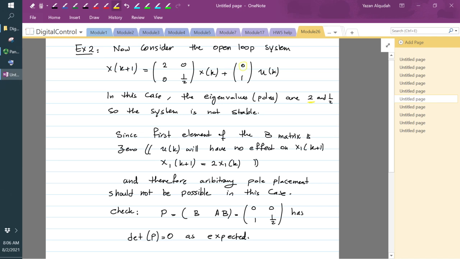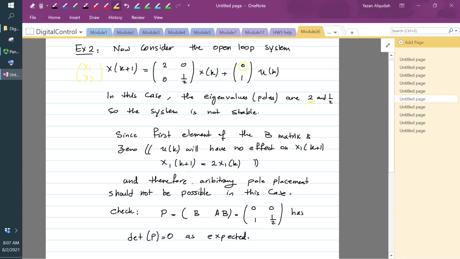And therefore, when I calculate the states, if I write the state equation for x1, where x of k is equal to x1 and x2, x1 of k plus 1 is equal to 2 multiplied by x1 plus 0 multiplied by u of k.